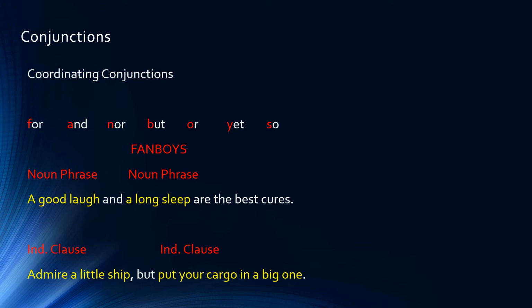It makes perfectly good sense by itself. And then the second independent clause, put your cargo in a big one. And again, it makes perfectly good sense alone. And yet it's combined by the coordinating conjunction but, so we have 2 independent clauses on either side of the coordinating conjunction. So a coordinating conjunction combines 2 equal parts of the sentence. In the first example, 2 noun phrases. In the second example, 2 independent clauses.